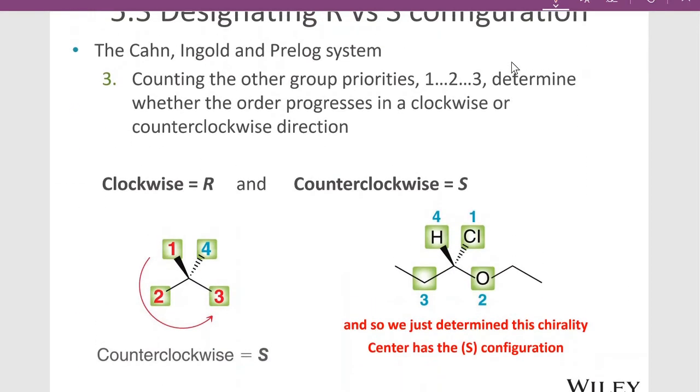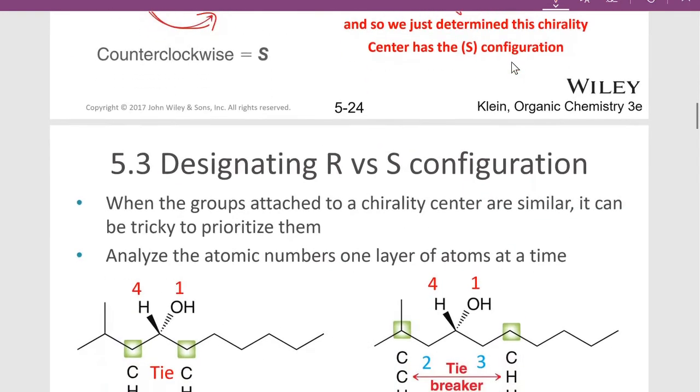If a molecule has the progression of rotation counterclockwise, it's S, and so we just determined that this molecule has the S configuration. Now notice it looks like 1 to 2 to 3 here, but our fourth priority group has to be pointing away in order to do this determination. So this molecule is S.